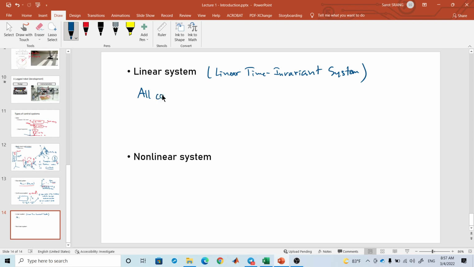Okay. All coefficients of differential terms are constant.